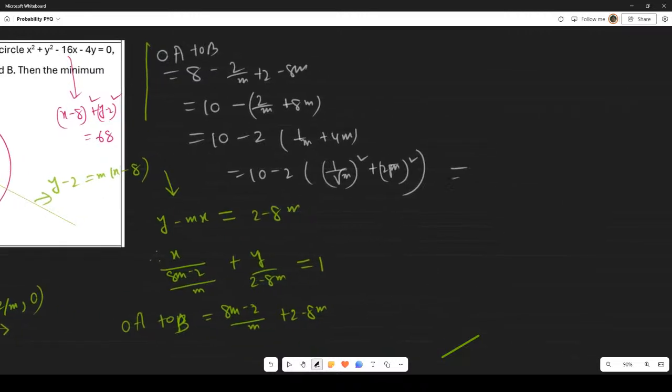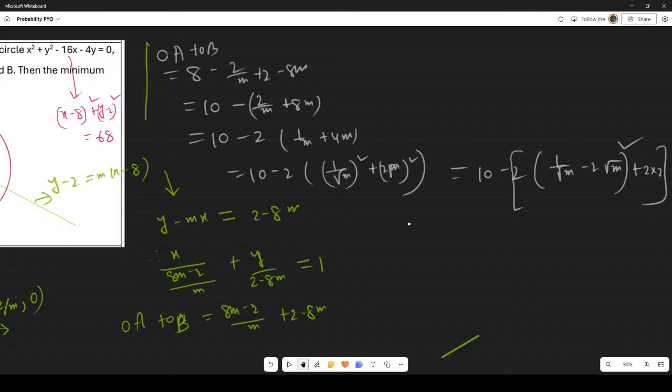This I am writing: 1 by root m plus, what? a minus 2ab, 2 into 2. Please check. Yes. There is coming minus 4 plus 4, which gets cancelled.